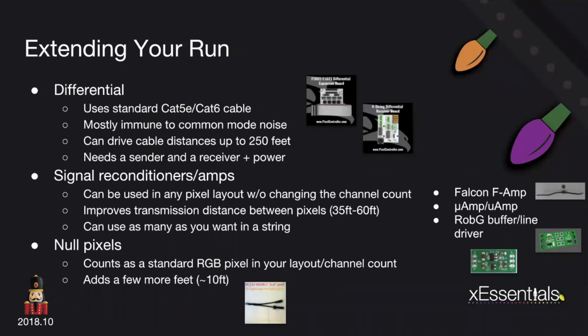You usually aren't going to get much more than about 40 to 45 feet at best with 18 gauge 3-core wire. There are cases where, if you're using shielding or Cat 5e or Cat 6, you can get further distances. But as a general rule, with unshielded 3-core cable, you're not going to get a whole lot of distance. So as you're planning your distance to first pixel, and this is important, it's the first pixel that is plugged into the controller's pixel port.